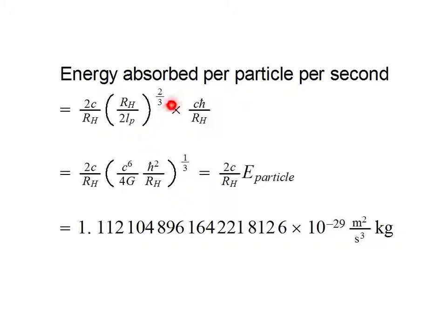We take the last value we just looked at, the number of SEQ absorbed per particle per second, times the energy per SEQ, and we get 2C over RH times the energy of a particle, which comes to approximately 1.11 times 10 to the 29th joules per second.